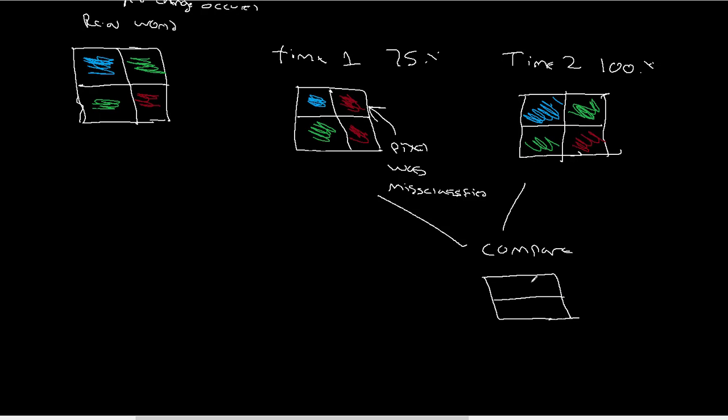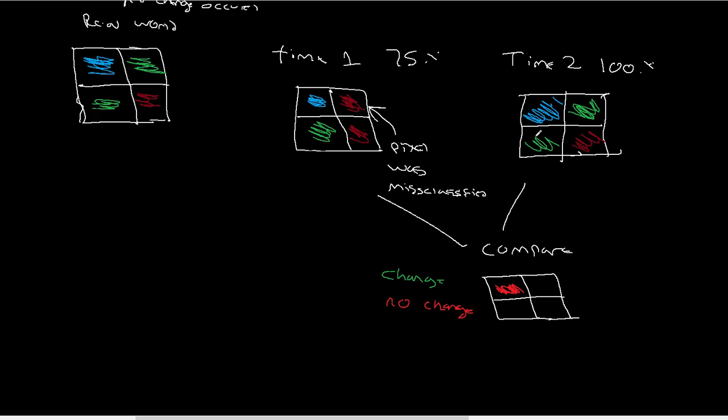So let's do our change, no change. Green is going to be change, and red in this case is going to be no change. This pixel compared to this pixel, again, we're just doing that map to map classification change detection. Water and water, no change.